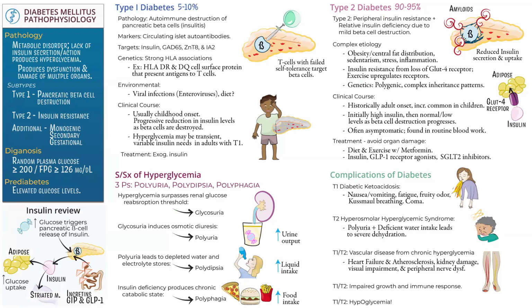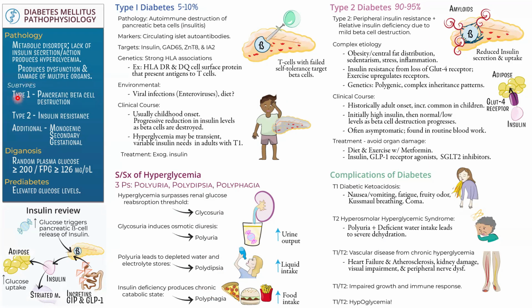And I'd like us to appreciate these features here, as we can see: the three P's once again. There is glycosuria, there is polyuria, there is polydipsia, and there is polyphagia, as we talked about.